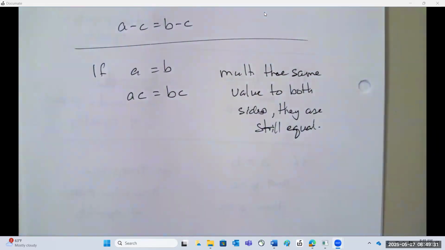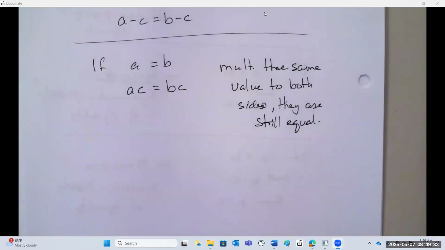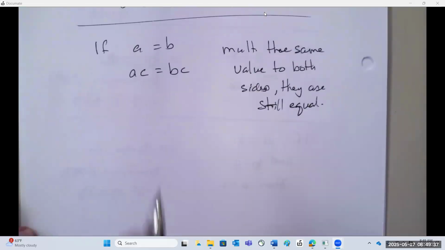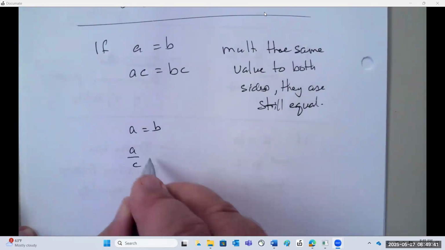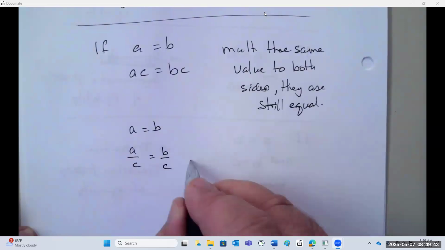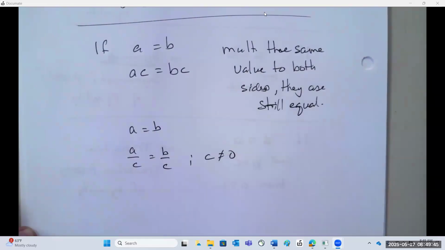Does it work for division? As long as C is not equal to 0. So we say that it's symmetric, it's transitive, it's everything with all the possibilities, all the properties.